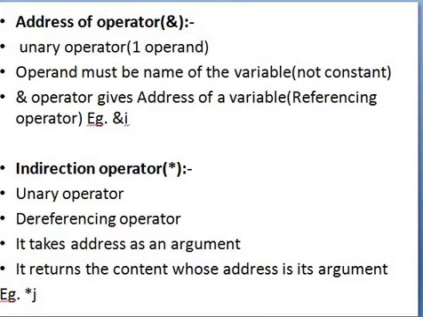It is a unary operator, that is, it is used to operate on a single operand. Second, the operand must be the name of a variable, not a constant. The address of operator gives us the address of a variable.